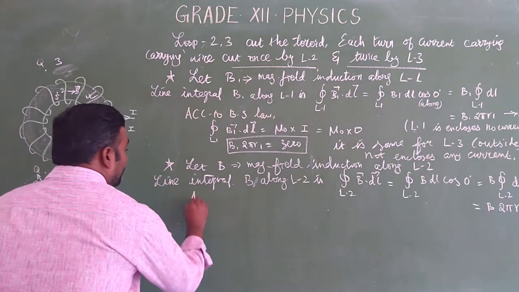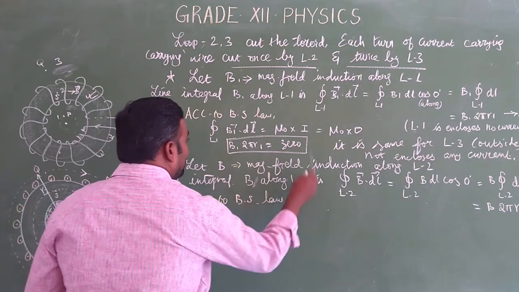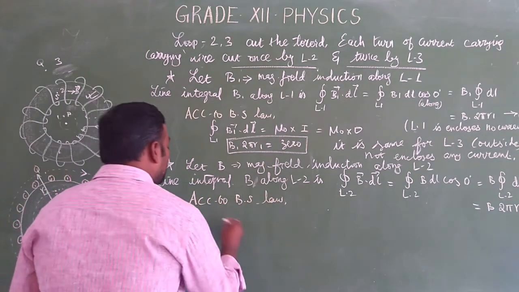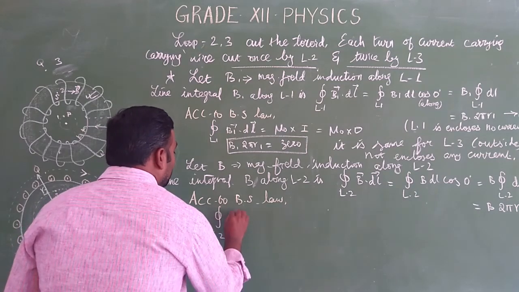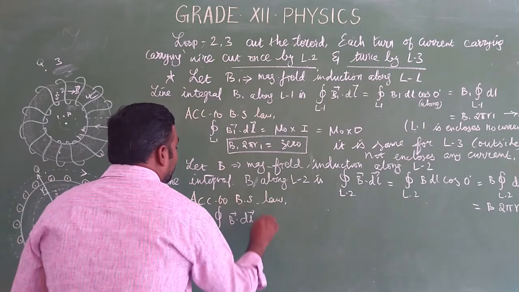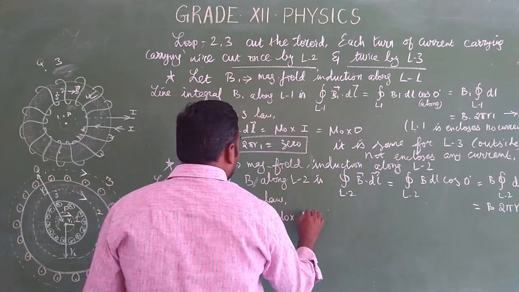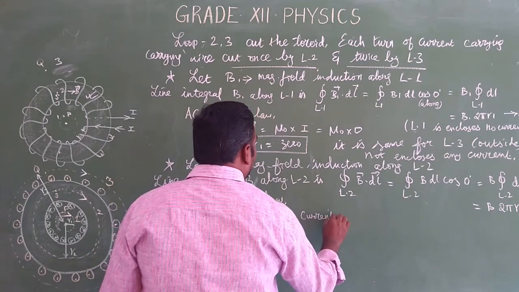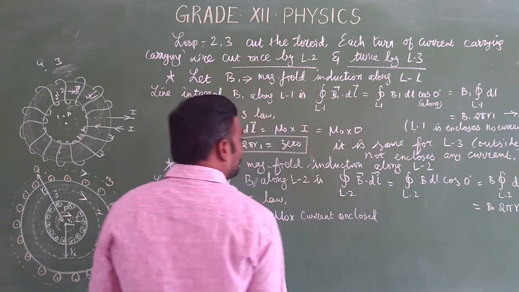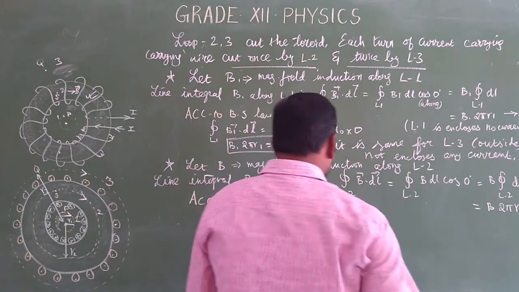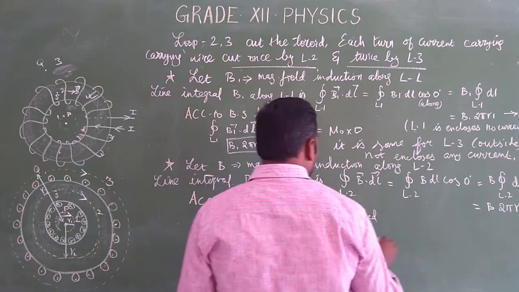Now we use Biot-Savart law, as you applied in the above cases. What is the Biot-Savart law? For any closed surface, the magnetic field integral is equal to mu naught times the current enclosed. So what is the total current enclosed by the surface?